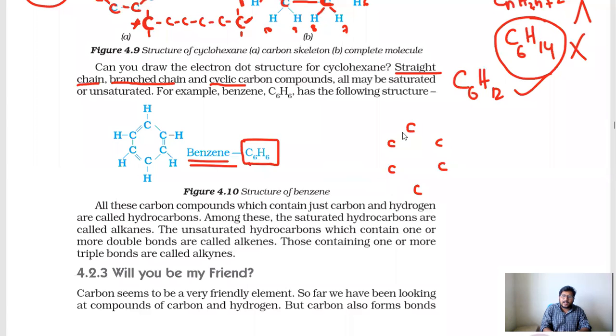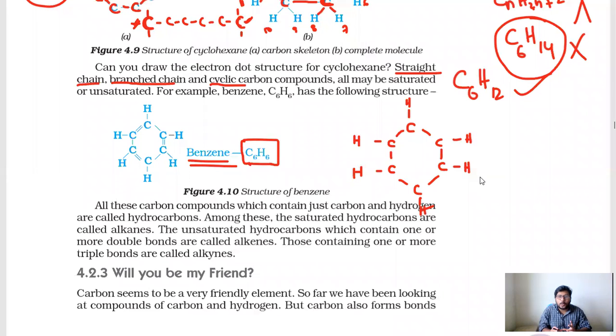Okay, let us draw single bonds between all carbons. So now all carbons are bonded and it is cyclic. But how many hydrogens do we have to draw? 6, right? Let us consider one hydrogen for each carbon. Okay, C6H6 is clear now.